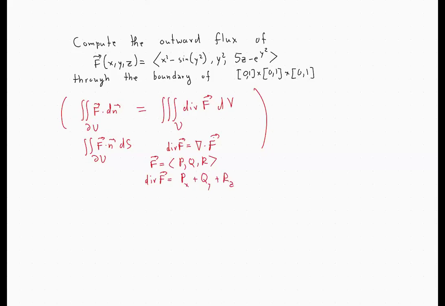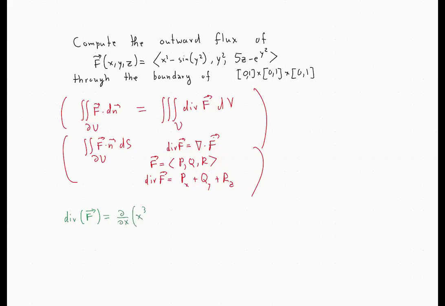So applying this in our case is very simple because the divergence of the vector field F is the derivative with respect to x of x cubed minus sine of y squared.